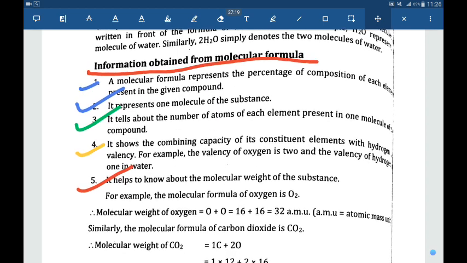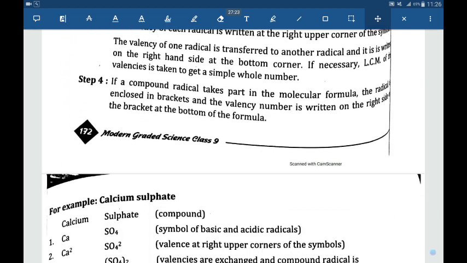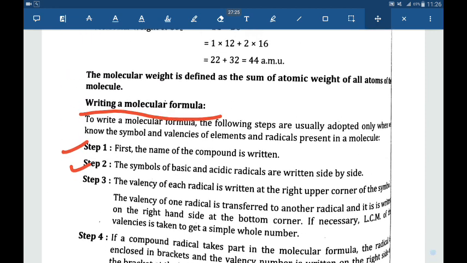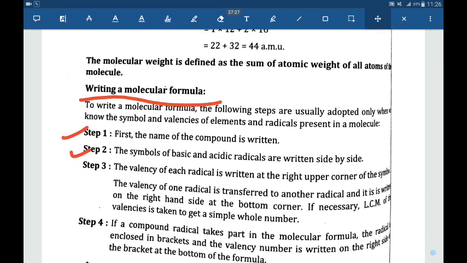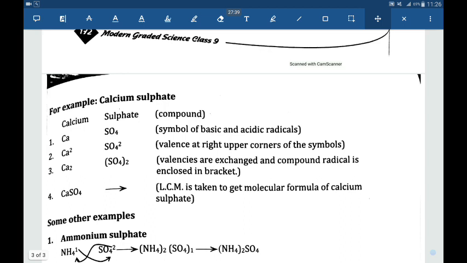Write the steps of writing a molecular formula.